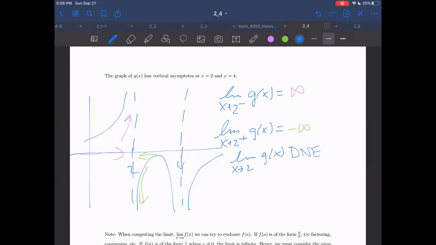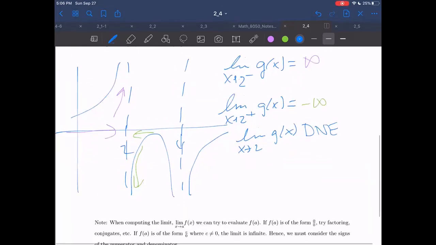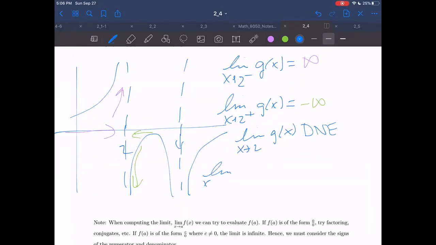Our right and left-handed limits behave the same way: if they are equal, then the limit at that point is that value. So if we're looking at, for example, the limit as x approaches 4 from the left, our function's going down towards negative infinity.